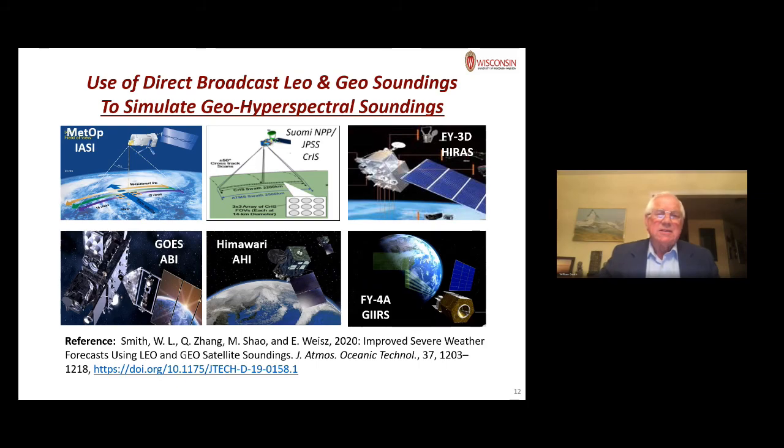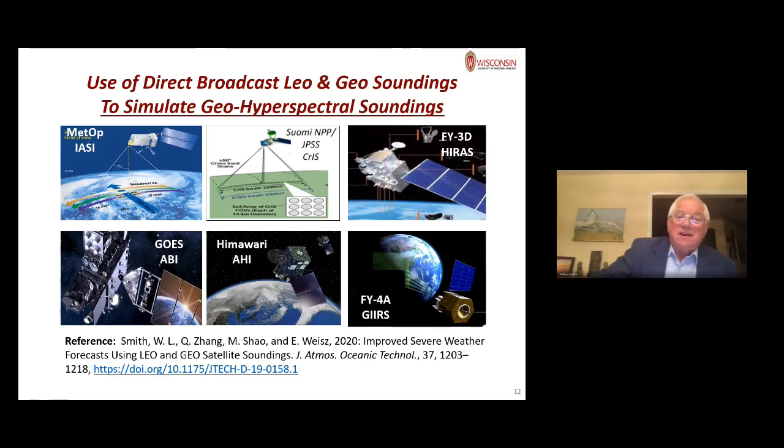Well, anyways, in the United States, we didn't have our geo-hyperspectral instruments, so I started working with the group to use the existing data that we did have to simulate geo-hyperspectral soundings. And the idea here was to make use of the polar orbiting hyperspectral instruments, which we had many in orbit.